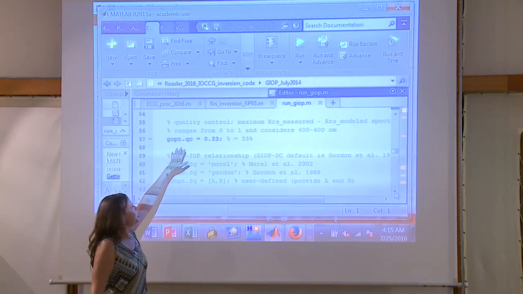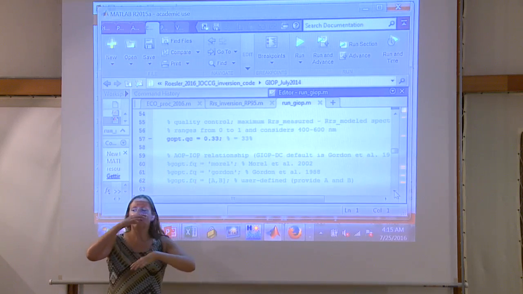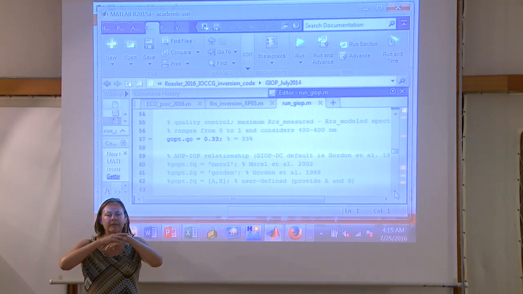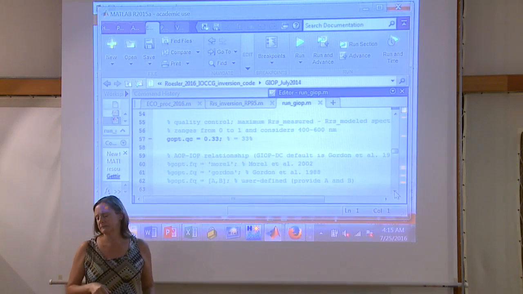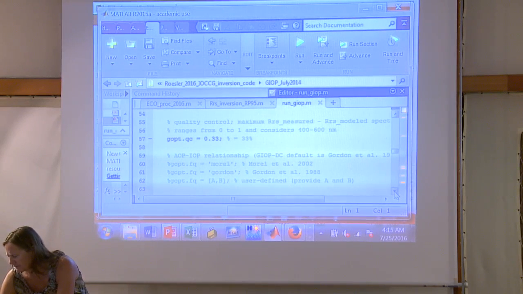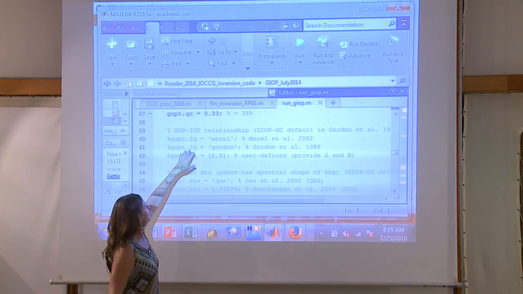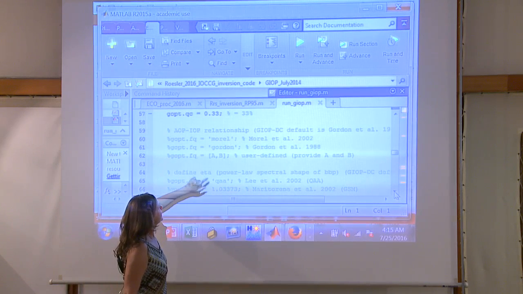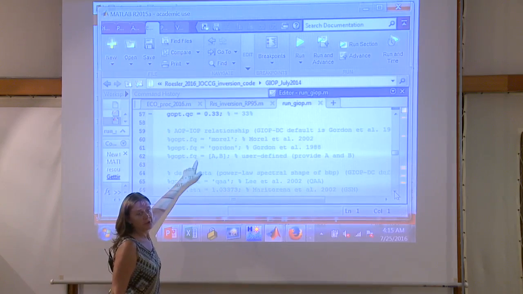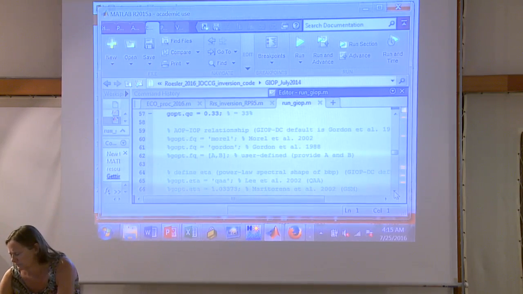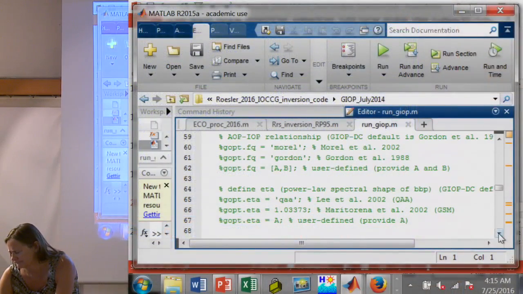This says that your model and your measured spectrum have to be within 30% of each other. Otherwise, it fails. 30. I don't know why he got 33. But you can use Morel's F over Q, Gordon's F over Q, or you could define your own F over Q. It defaults to Gordon.